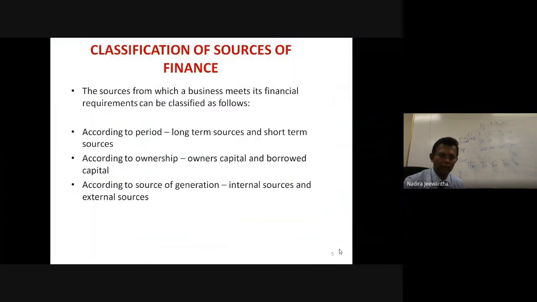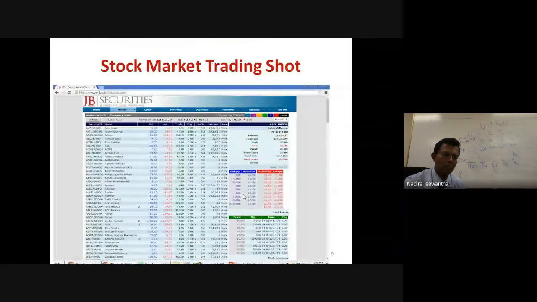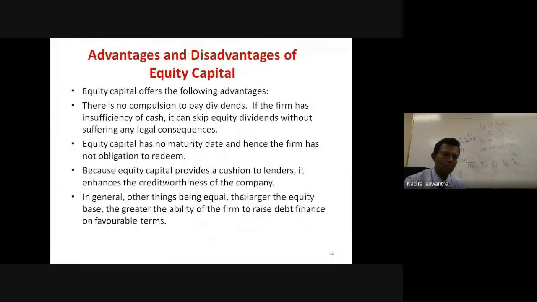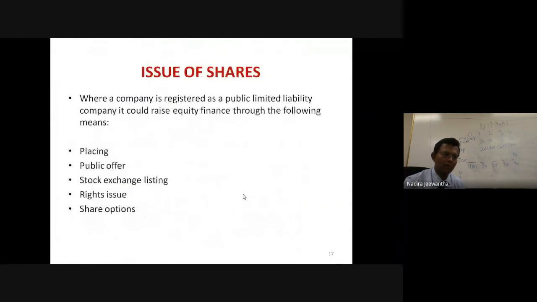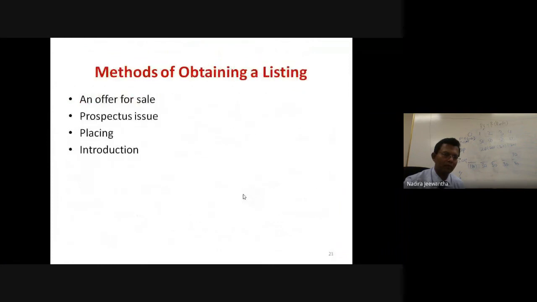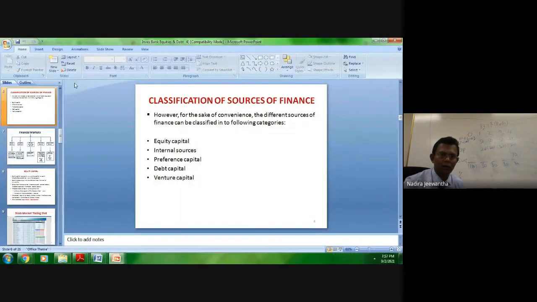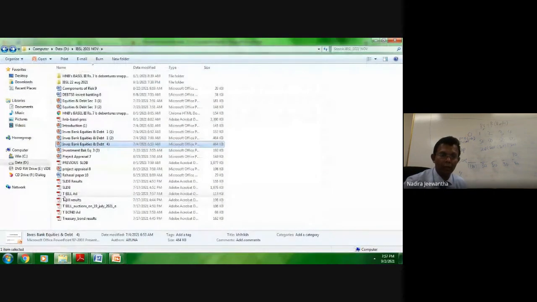One method we discuss is equity capital. So the equity capital is what? Who put it? Owners. Owners put the equity. That we know.